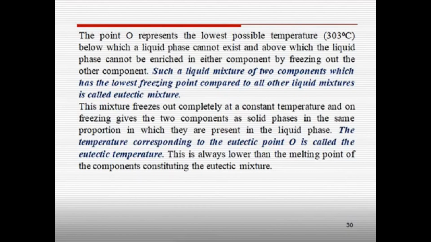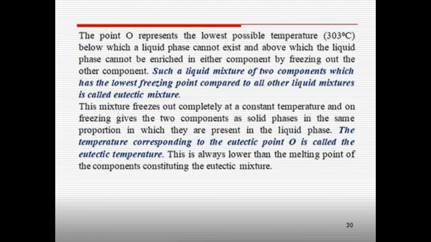Also point O represents the lowest possible temperature having value 303 degrees Celsius, below which a liquid phase cannot exist and above which the liquid phase cannot be enriched in either component by freezing out the other component.